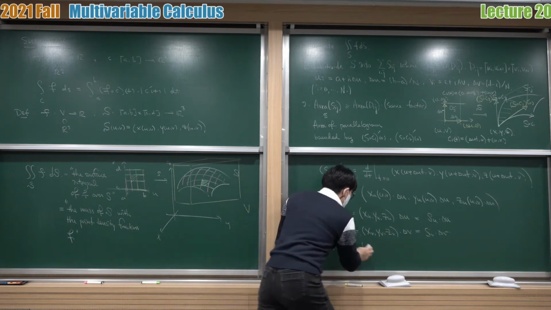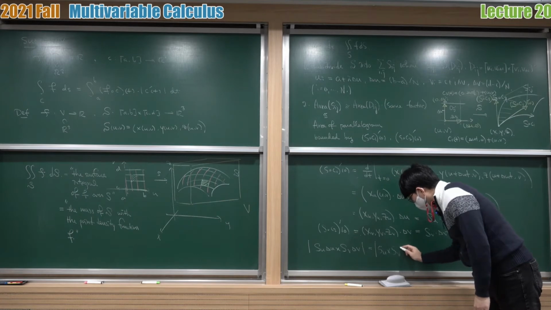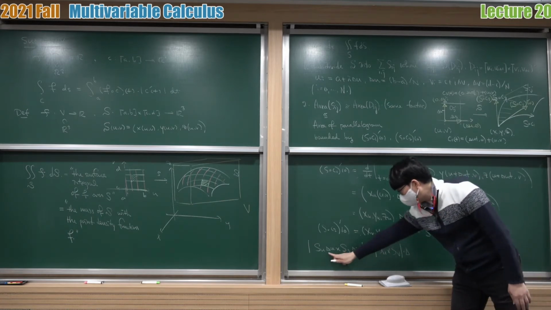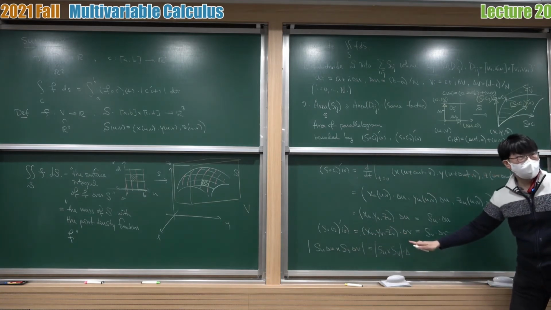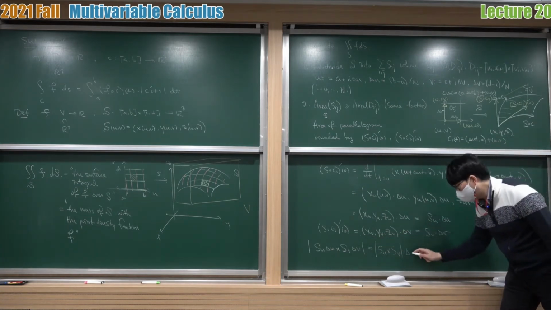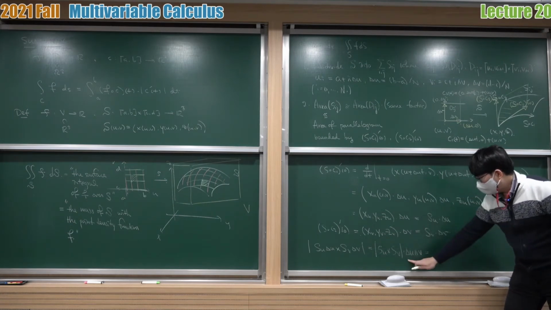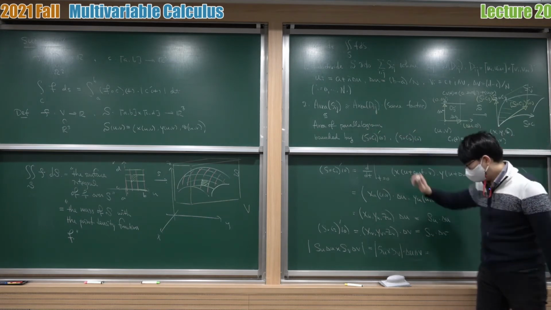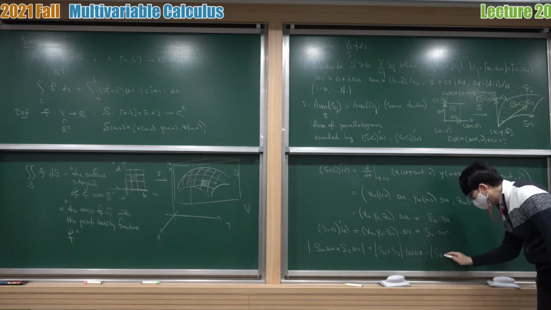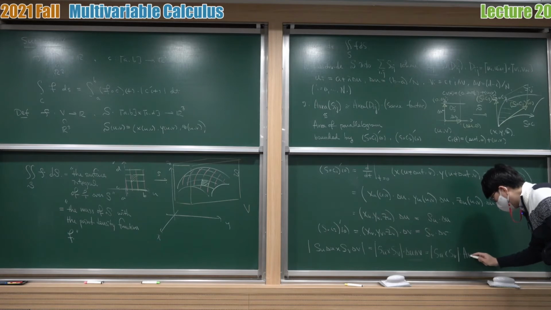So it equals the size of S_u cross S_v, since delta u and delta v are scalars that can be pulled outside of the size of the vector, times delta u delta v. We know that delta u delta v is the area of Dij. So this equals the size of S_u cross S_v times the area of Dij.